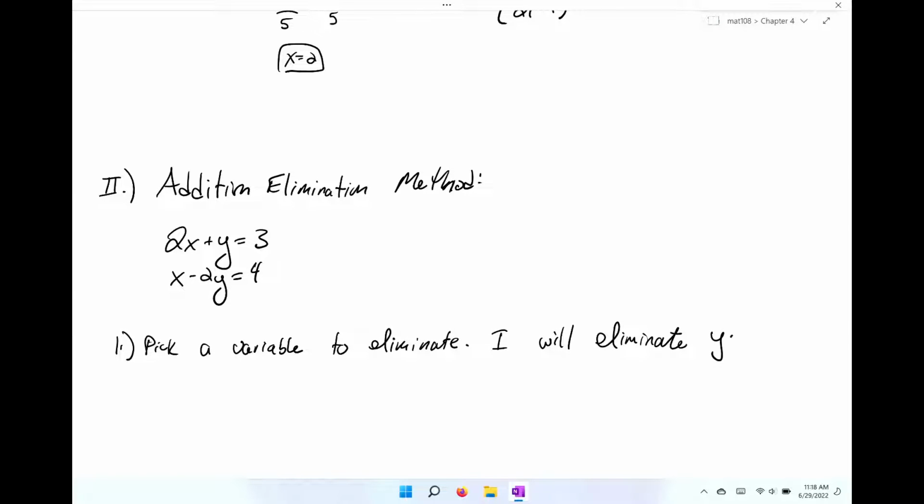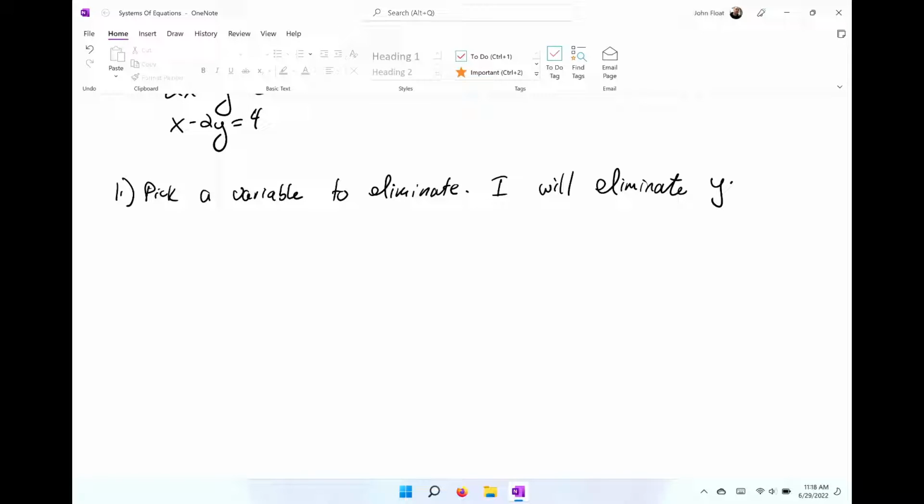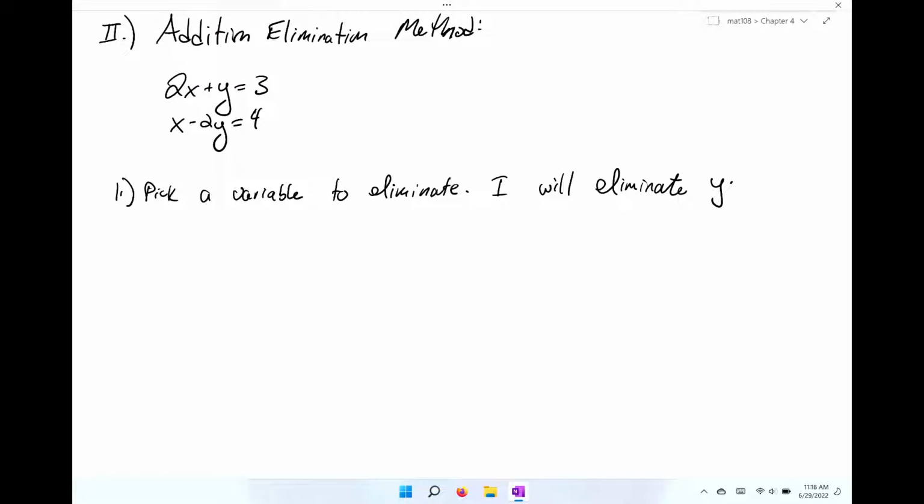And the reason for that is when I look at them, and I'll highlight it real quick for us, when I look at these two variables, notice that they definitely have opposite signs. The first y has a coefficient of 1, and the second y has a coefficient of negative 2. But I can easily make the first coefficient a 2 just by multiplying equation 1 by 2.